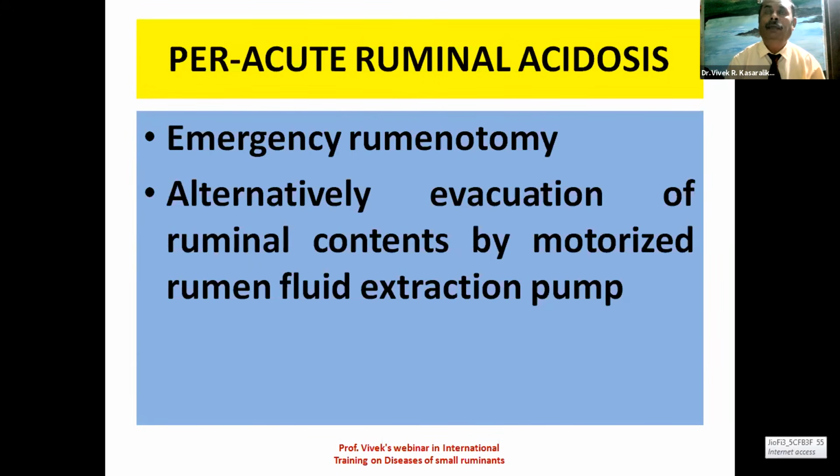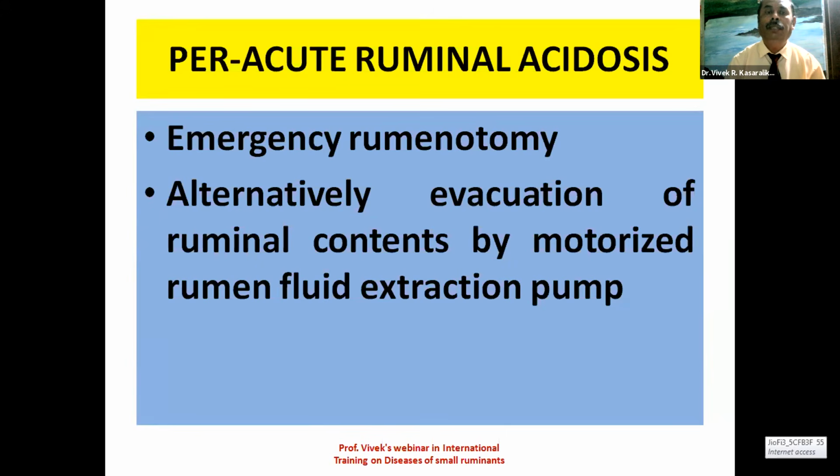I was an advisory committee member for one of the surgery students, and we have seen that even in recumbent position the rumenotomy can be performed and you can save the life of the animal. Only thing is your approach should be faster, and you have to go for rumenotomy immediately.